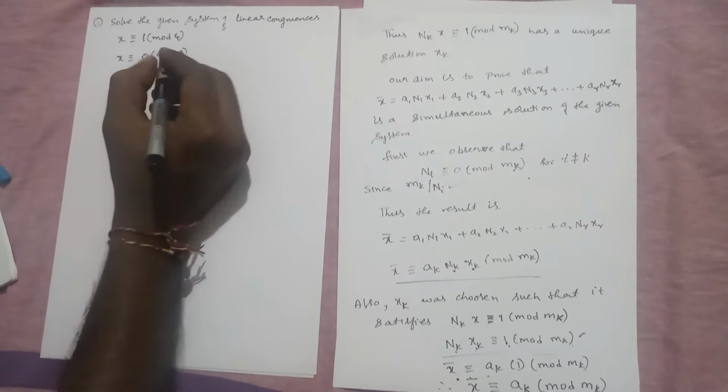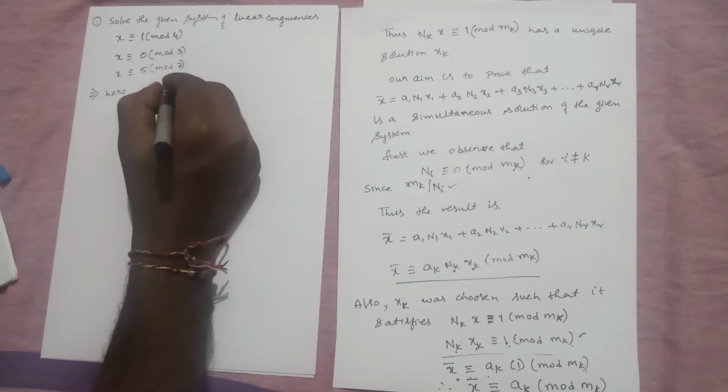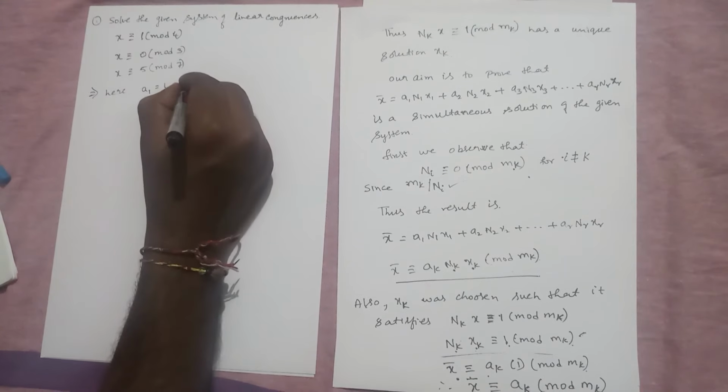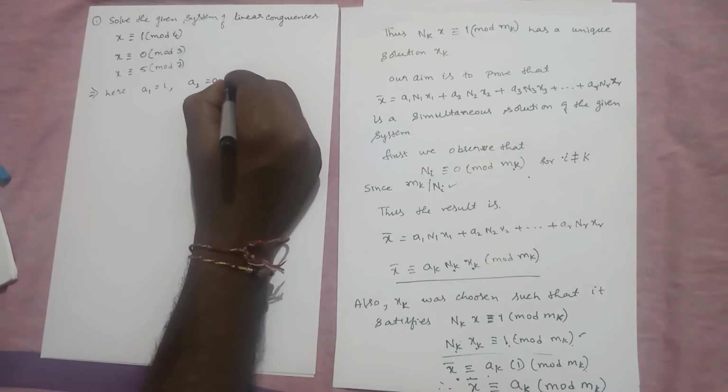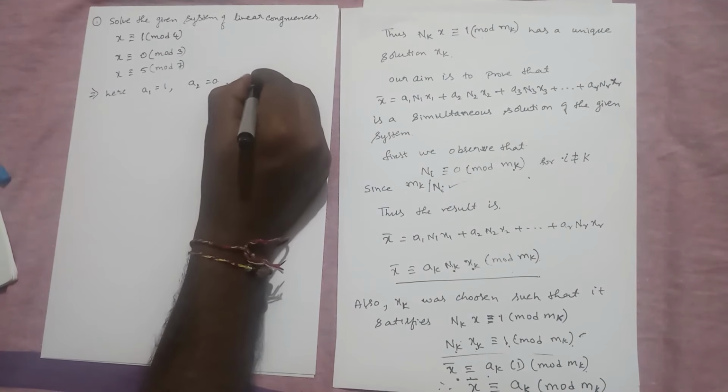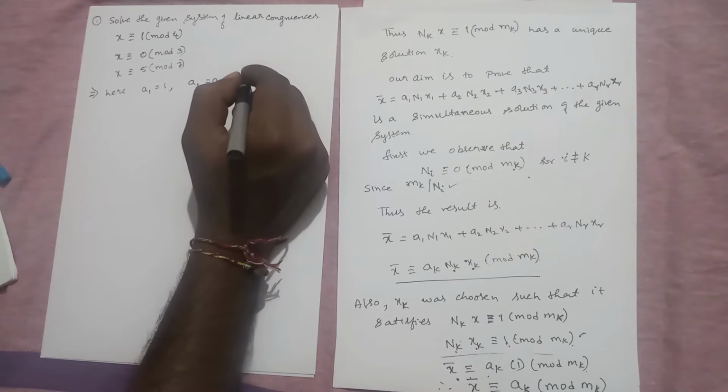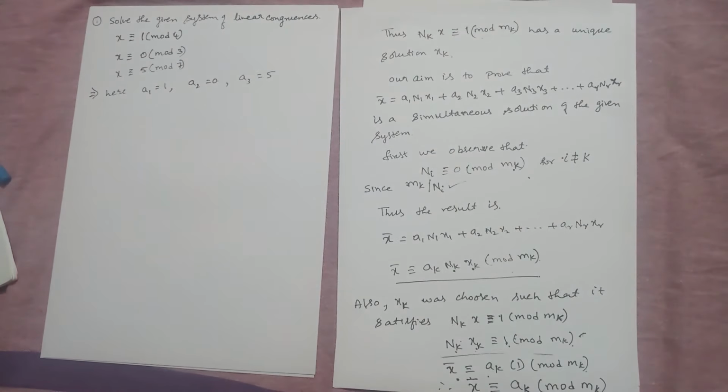So here a1 value is 1, a2 value is 0, and a3 value is 5.